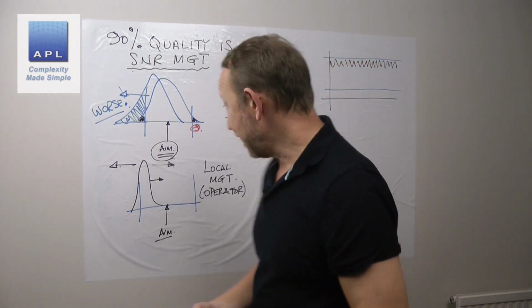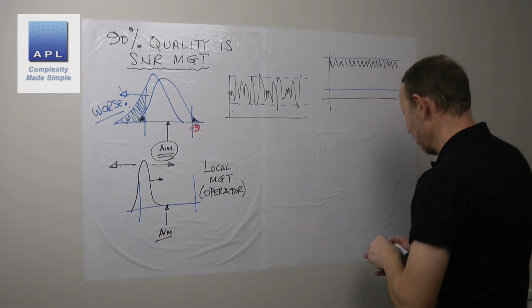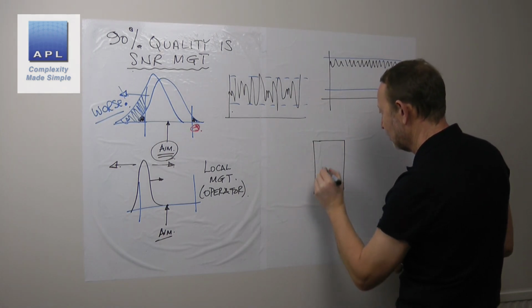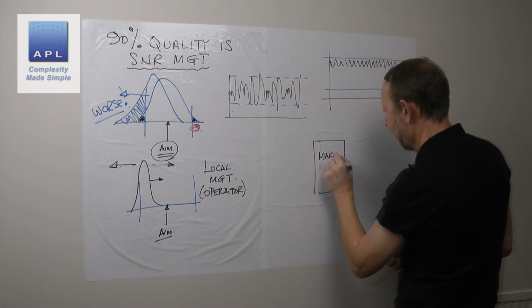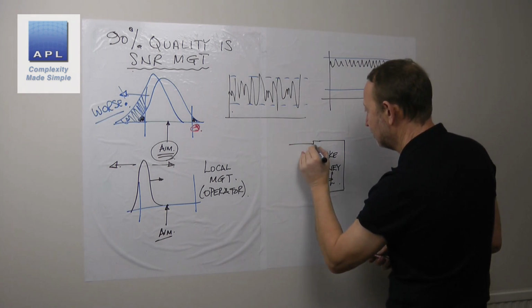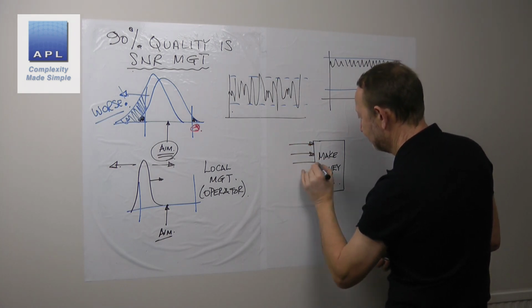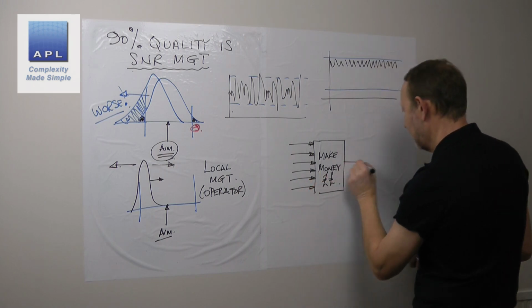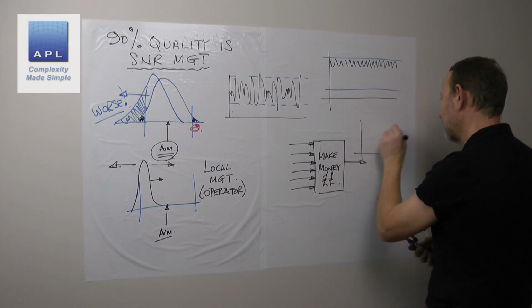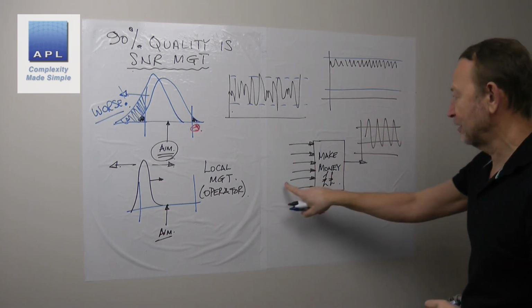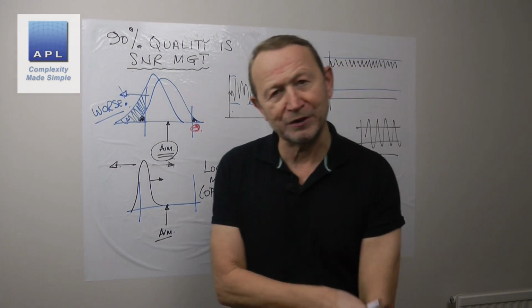But the problem wasn't created by them. The problem was created by you, because let's look at a process. A process looks like this. You're trying to make money, so you've got a money-making machine. It's got inputs, and it's got an output. If you don't want the output to vary massively, you've got to control all the inputs.